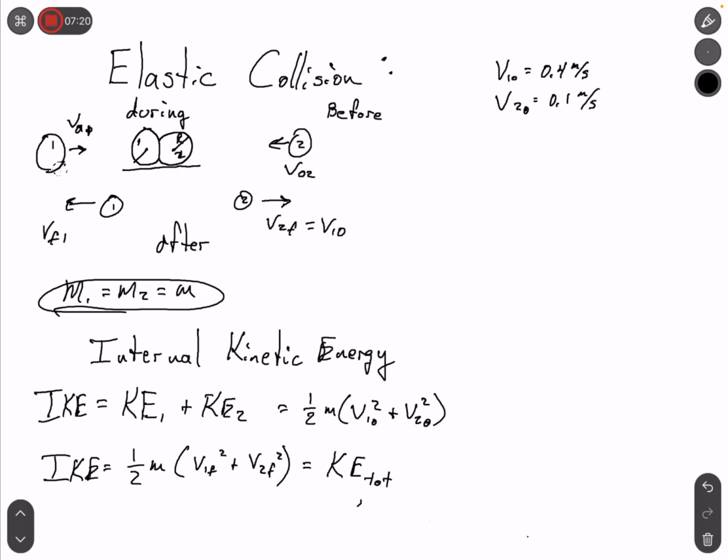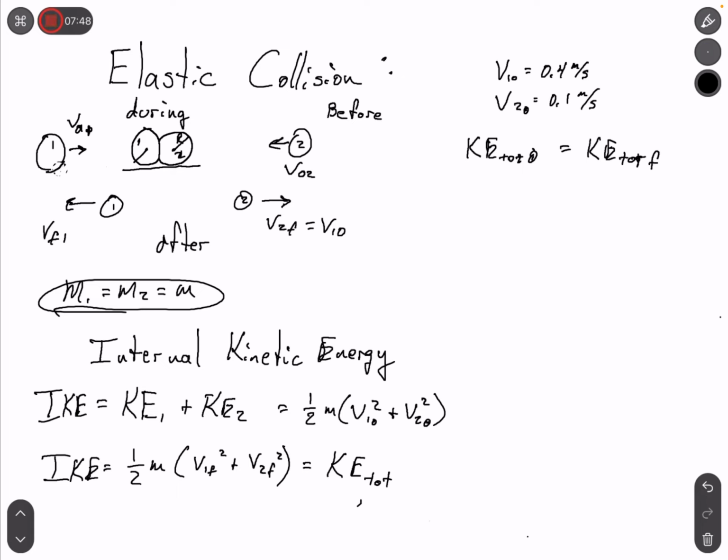And we want to make sure that KE total initial equals KE total final.